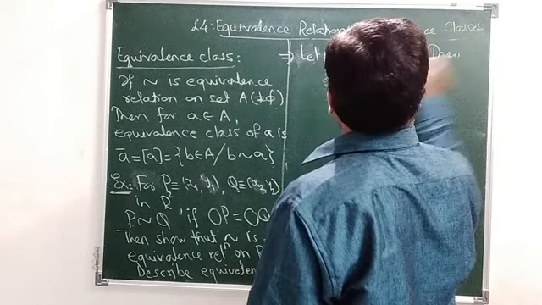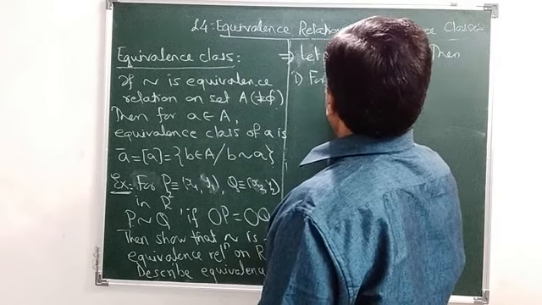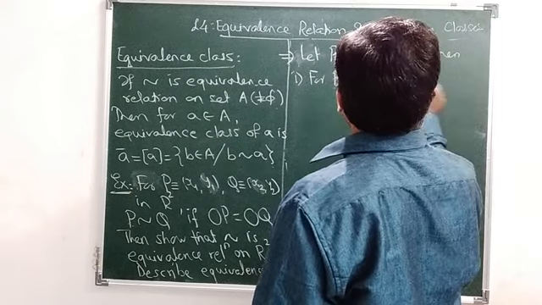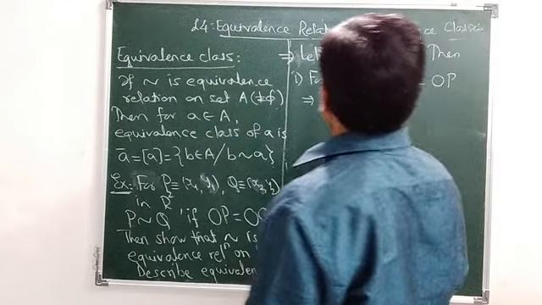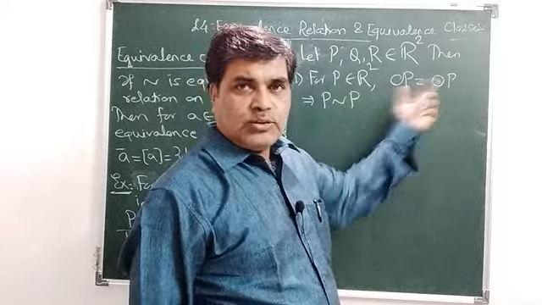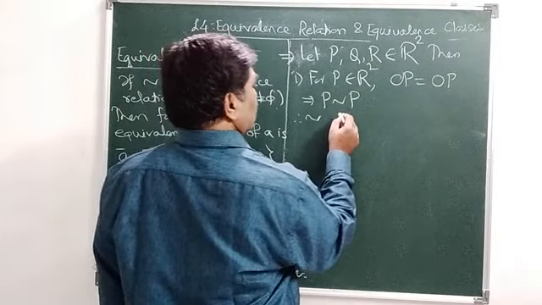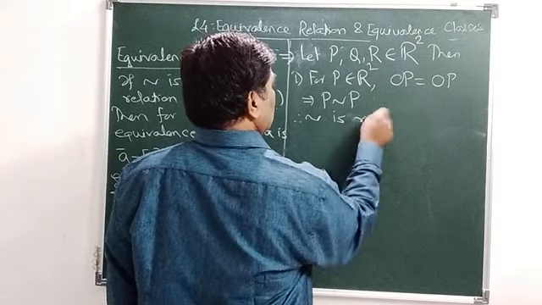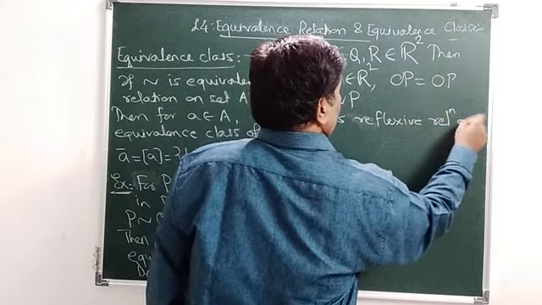Then first, for P belongs to R2, whatever arbitrary point, OP is equal to OP, which implies P is related to P. The distance of P from origin is the same, OP is equal to OP. It is unique. And therefore tilde is a reflexive relation on R2.